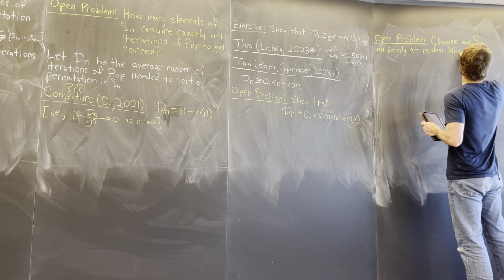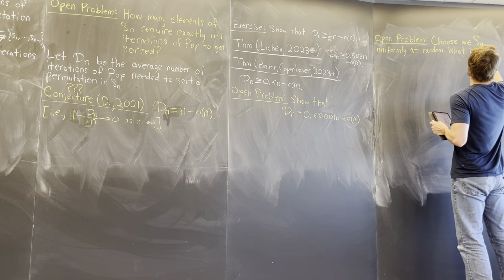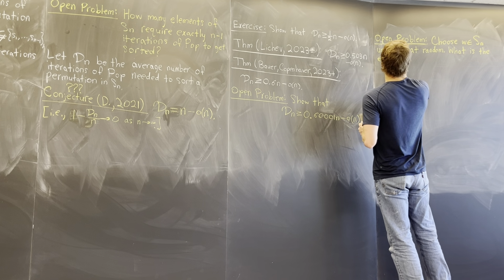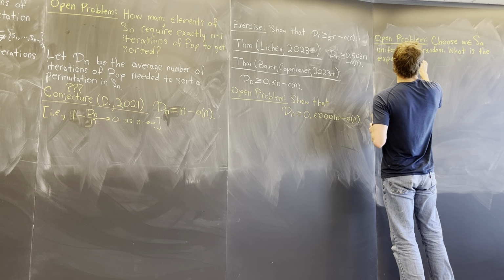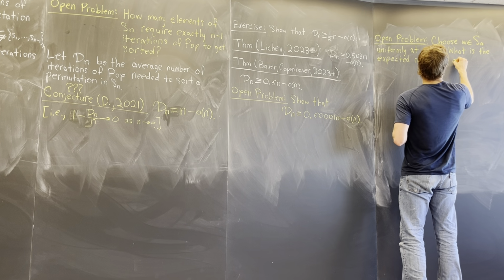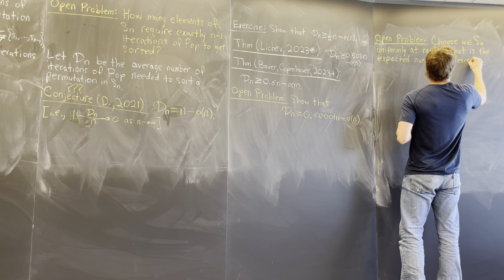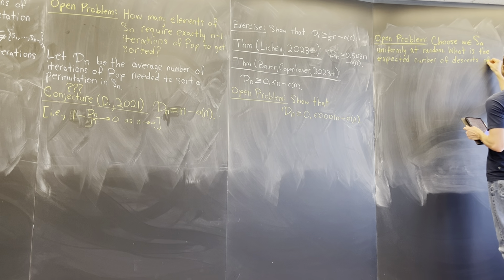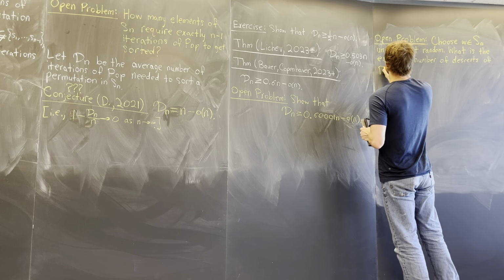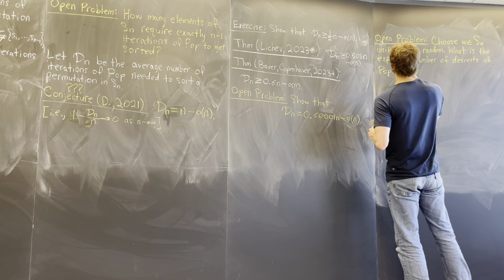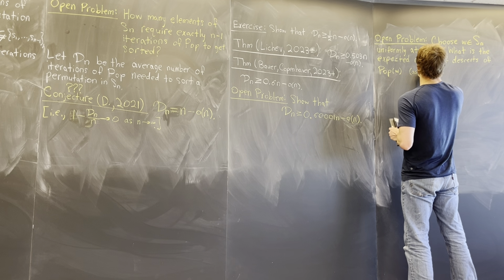What is the expected number of descents of pop of w, let's say asymptotically?